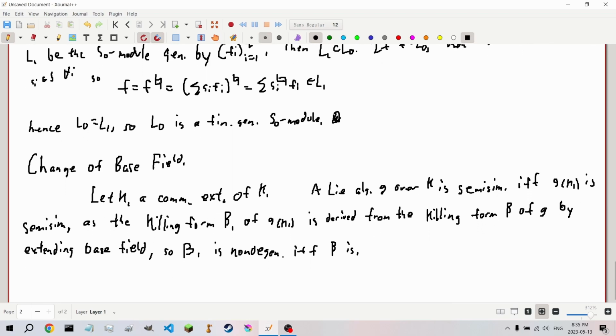So, if G extended to K1 is simple, we have from the above that G is semi-simple at the very least.